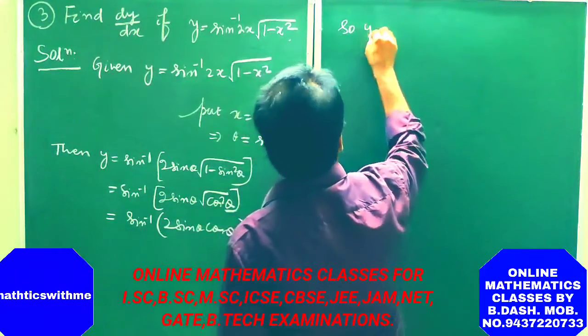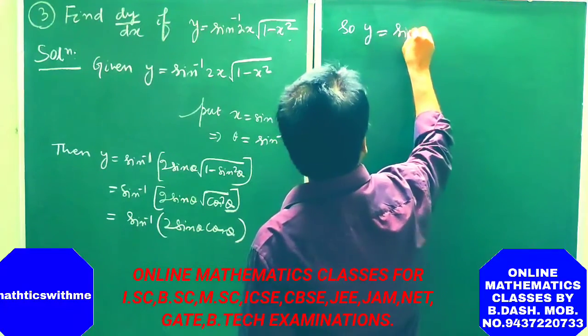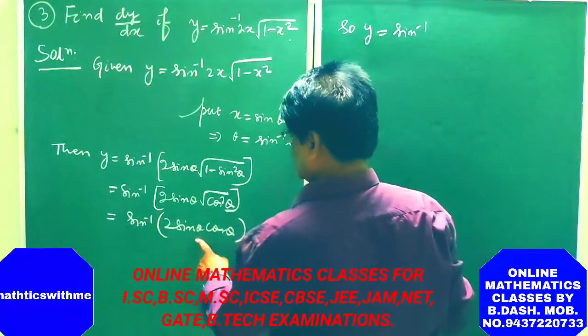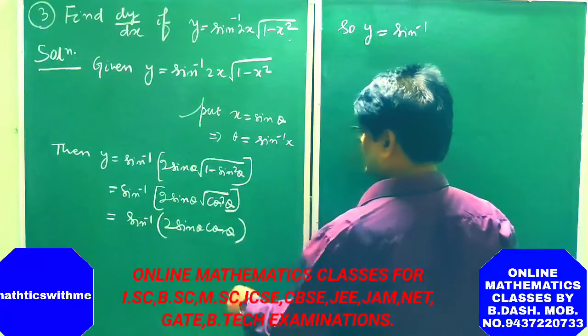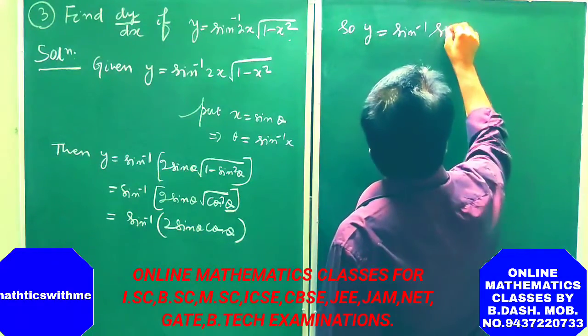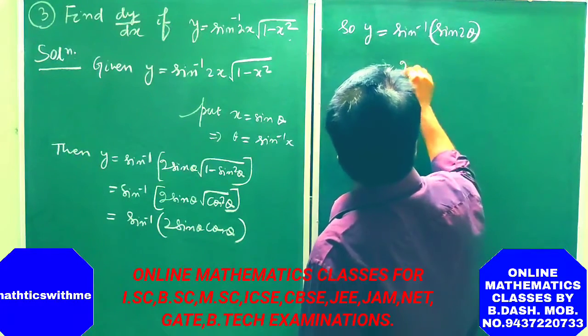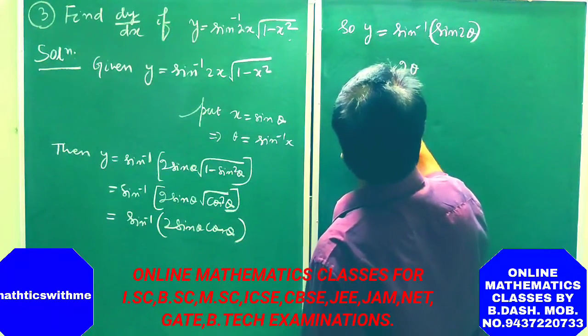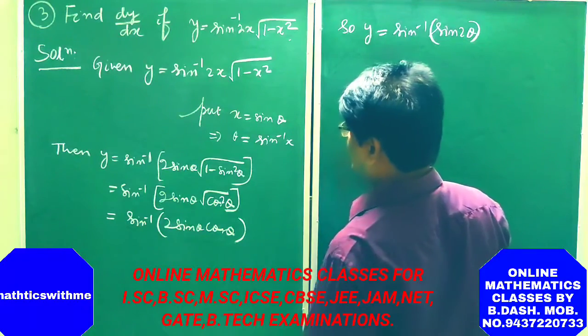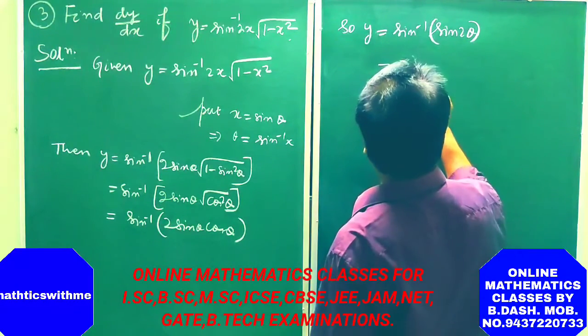So y is equal to sine inverse, this is 2 sine theta cos theta, which is sine 2 theta. So this is equal to 2 theta. And the value of theta is now sine inverse x.